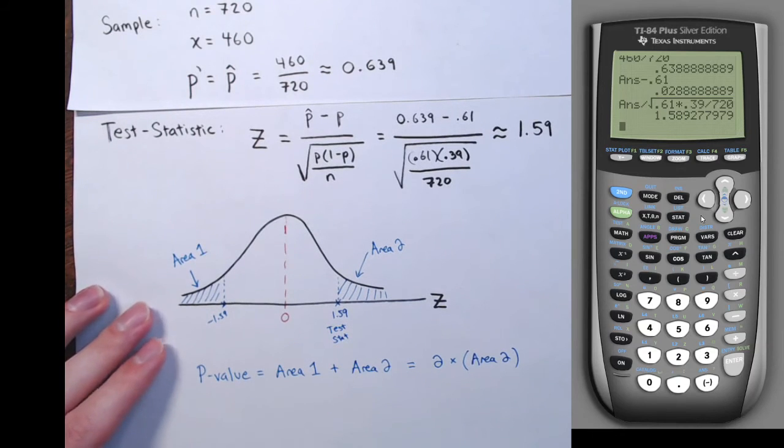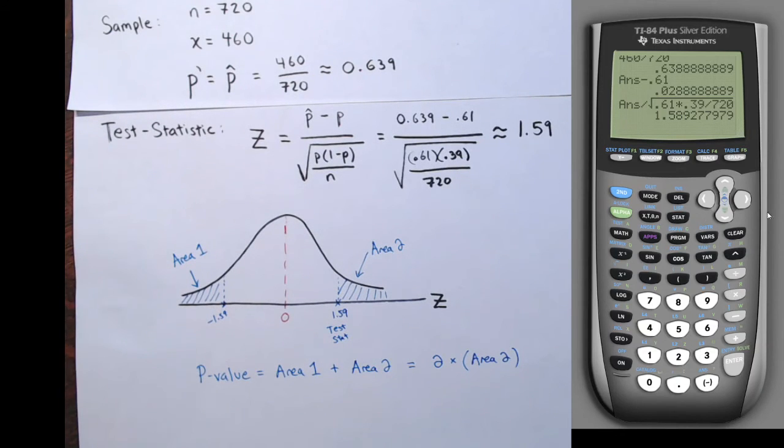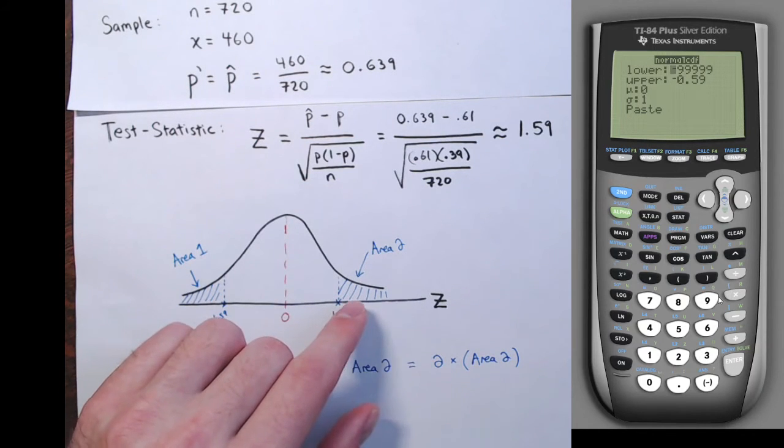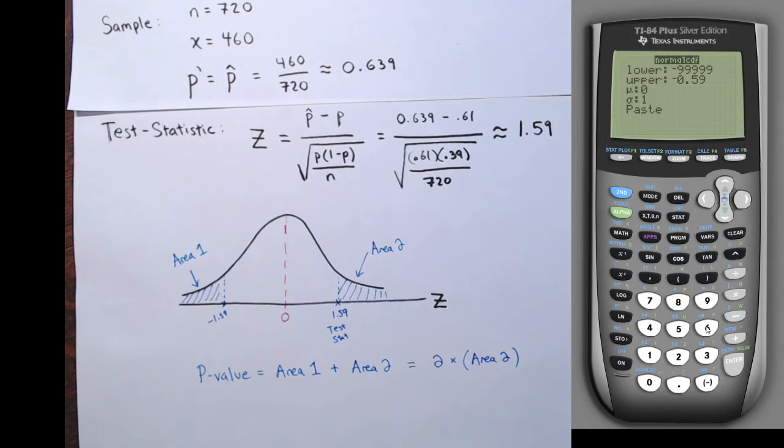So remember how to find the area under a normal curve on the calculator. You go second, distributions, and then this normal CDF. So what I want to do is find this area to the right of my test statistic, the right tail here. So the lower value is my test statistic, 1.59.